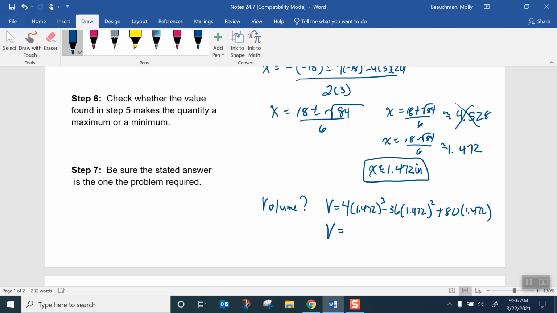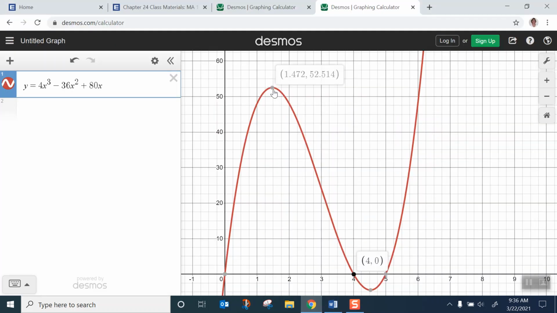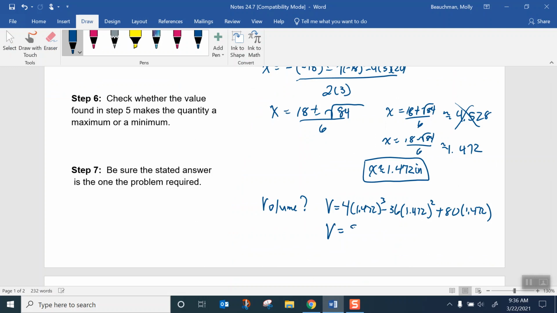So the maximum volume, if that's what they asked for, if you take a look on Desmos, I'm going to click on the maximum value. 1.472 is the x value. 52.514 would be the maximum volume of the box. So 52.514, and that would be in cubic inches.